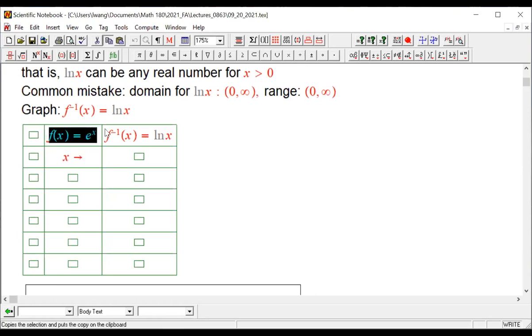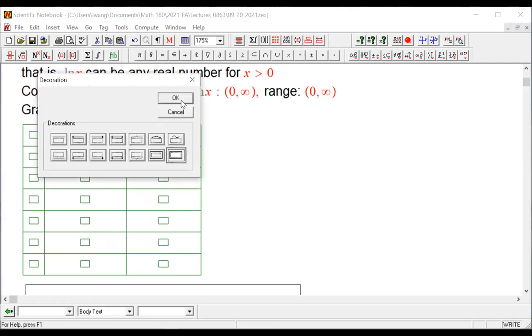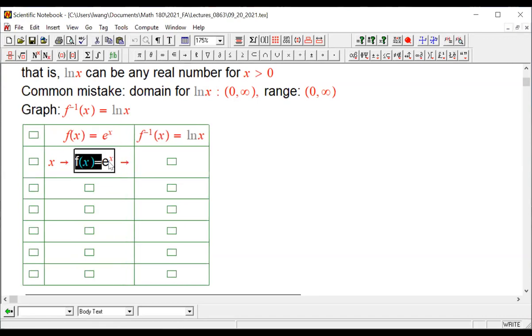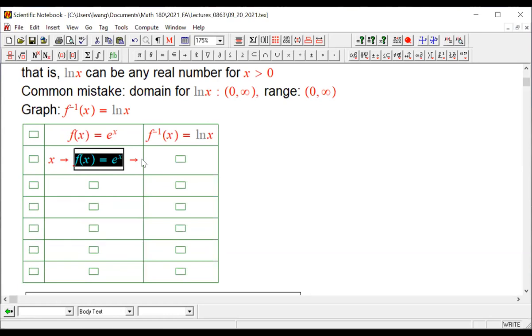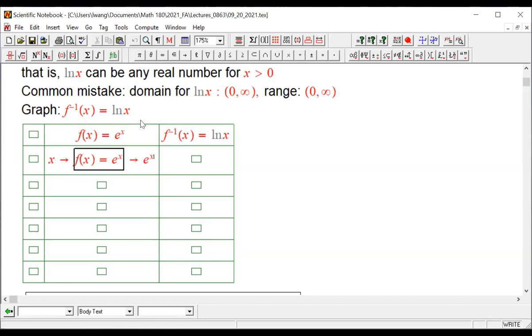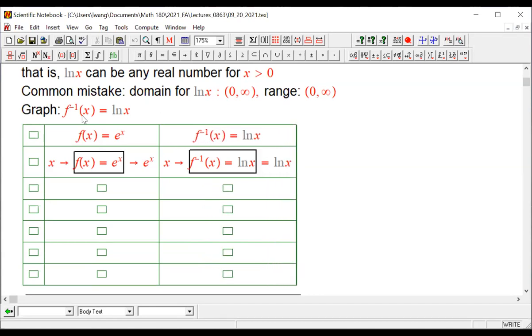This rule is f of x, and the output is e to the power x. And the other rule, f inverse of x, equals ln x. So the output is ln x.